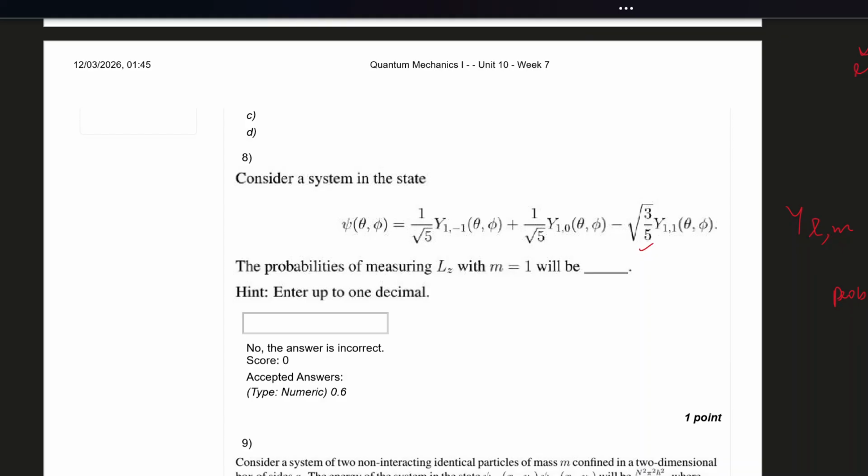So then the probability of measuring LZ with m equal to 1 is the same as the probability of the system to be in the state y11 theta phi.